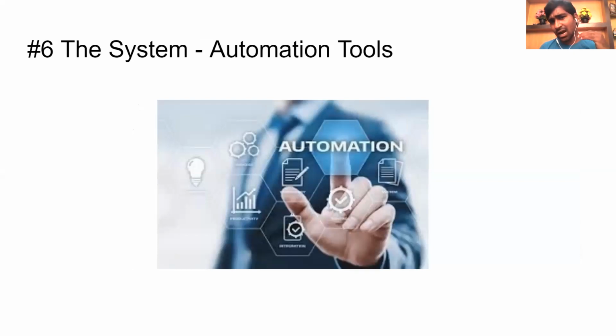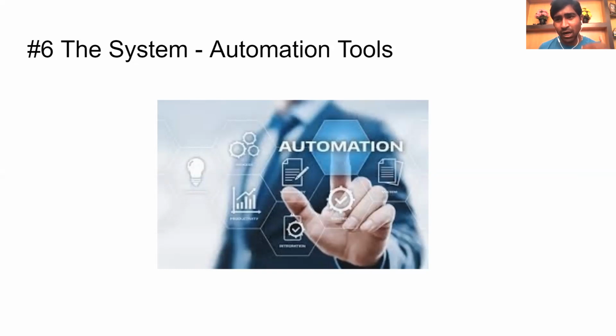And these automation tools, like email marketing tools, SMS automation tools and CRM automation tools, capture those leads and send all those lead details to your CRM tool, or to your sales people or telecalling people, so that they can call up immediately.